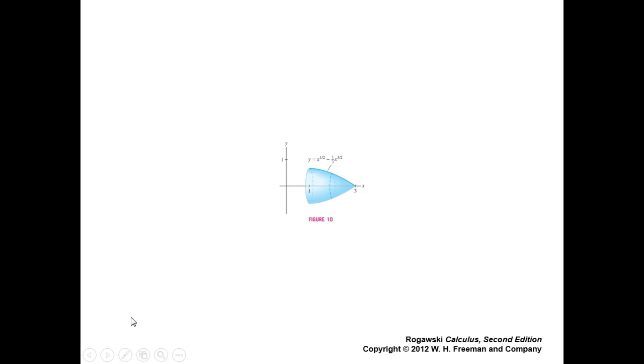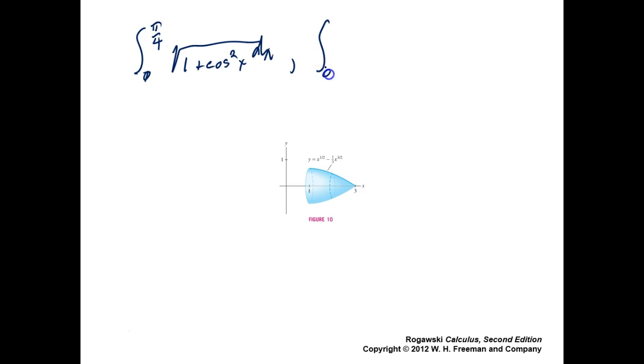Now, which integral represents the length of the curve y is equal to cosine x between 0 and pi fourths? Is it the integral from 0 to pi fourths of the square root of 1 plus cosine squared x dx, or the integral from 0 to pi fourths of the square root of 1 plus sine squared x dx?